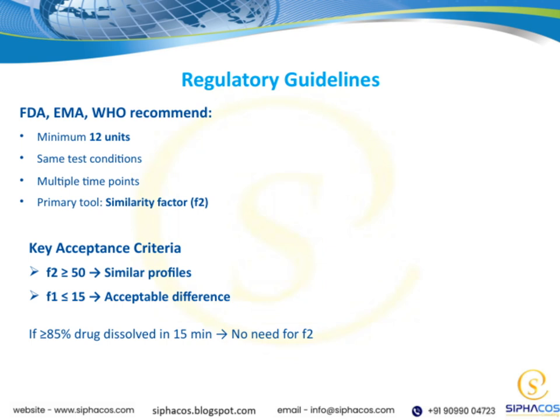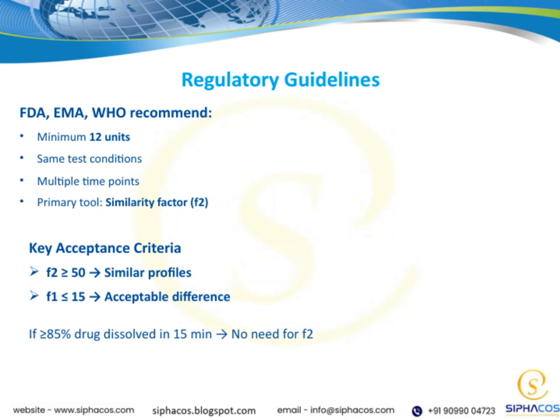Essentially, a low F1 combined with a high F2 suggests the two products behave similarly. There's also an important point about dissolution. If 85% or more of the drug dissolves within 15 minutes, then we typically don't need to perform the F2 similarity test. This is because rapid dissolution often indicates similar performance.